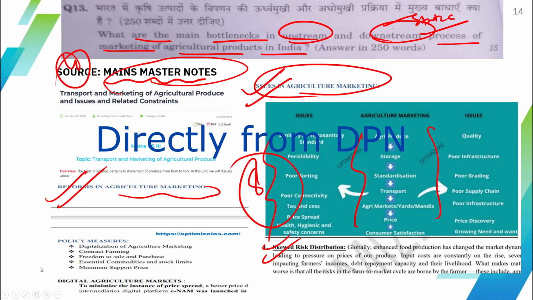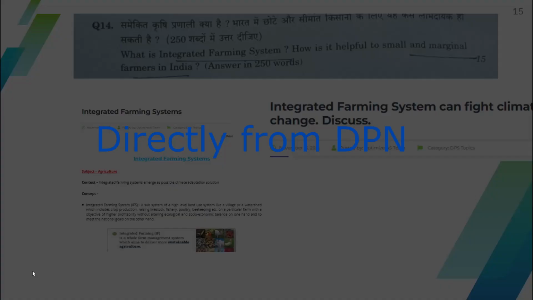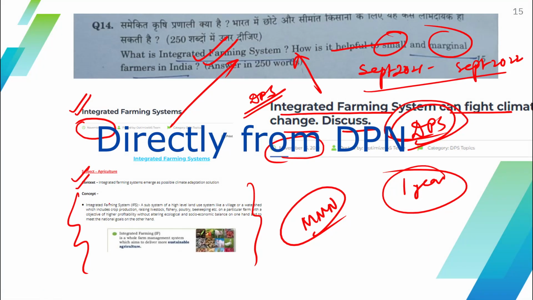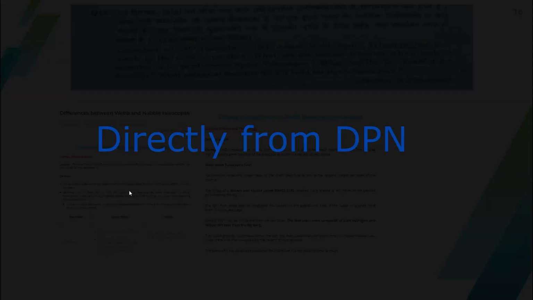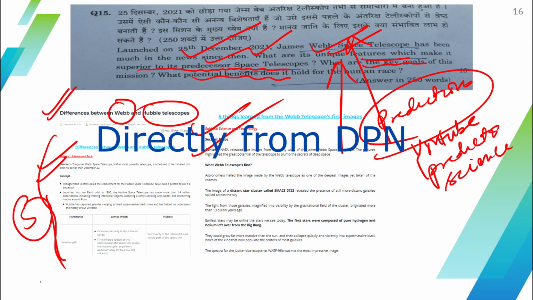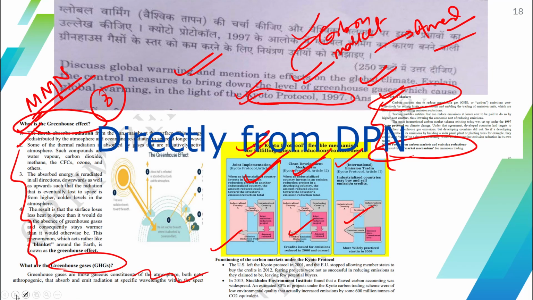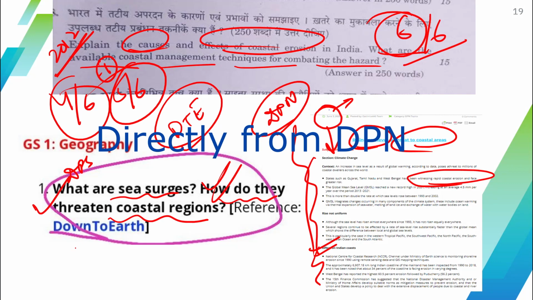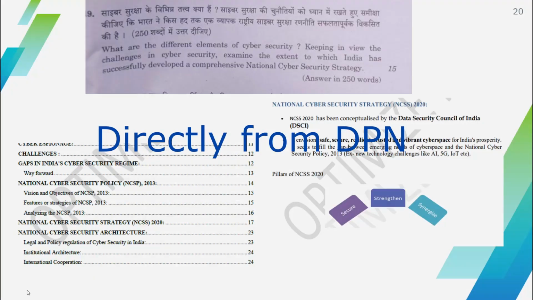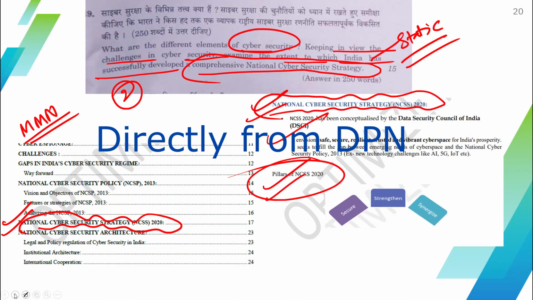I'm including DPN and DPS both. 15. Then 16 directly. Then 17, because this is directly the Hubble difference I have given, 17. And again this vaccine 18. 19. Rising sea level 19. And 2 were just from the mains master notes, 19 and 20.